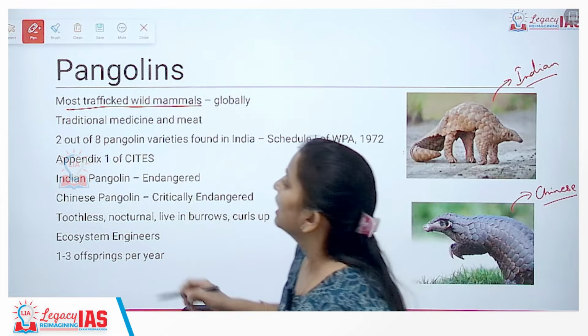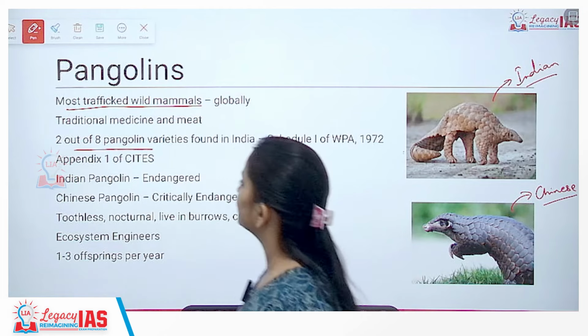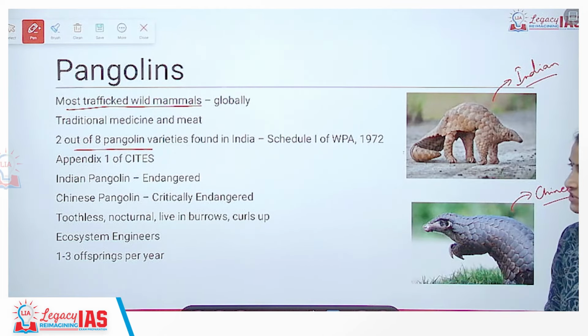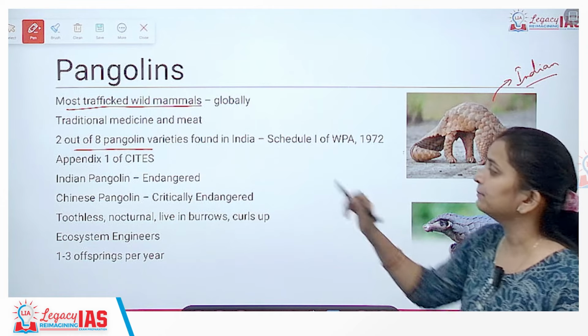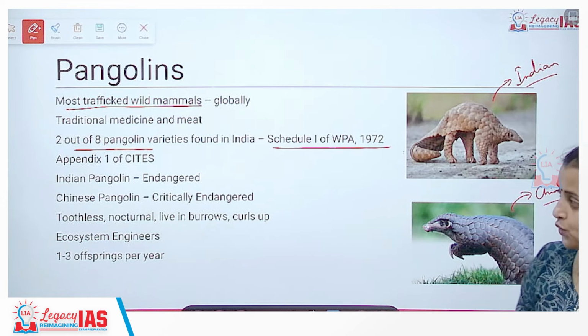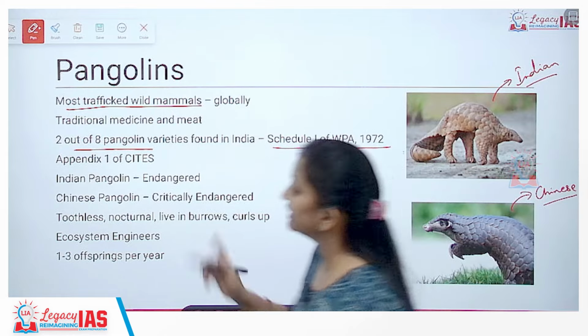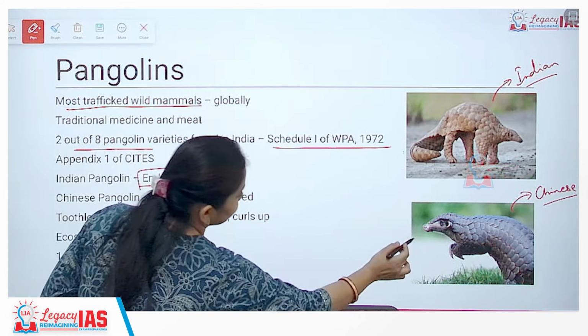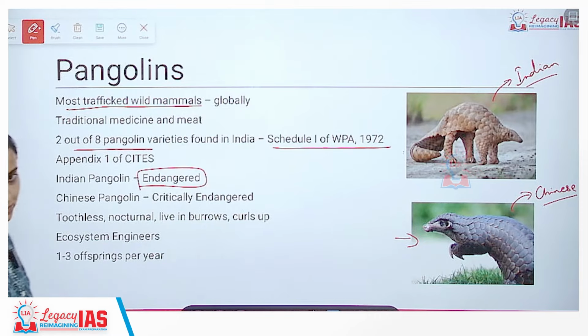Two out of eight pangolin varieties are found in India, as we discussed: the Indian pangolin and the Chinese pangolin. Both of them have been accorded Schedule 1 status in the Wildlife Protection Act of 1972. The Indian pangolin is in the endangered list, and the Chinese pangolin is in the critically endangered list of IUCN.